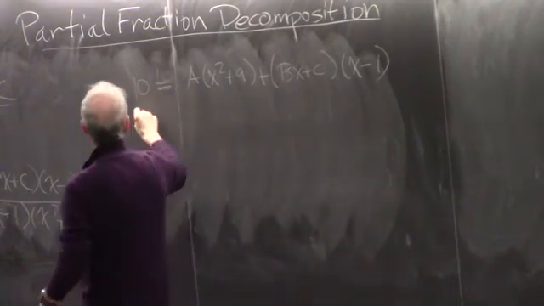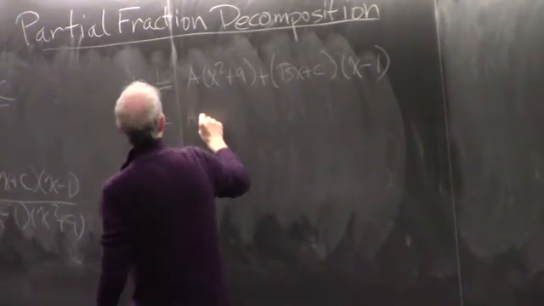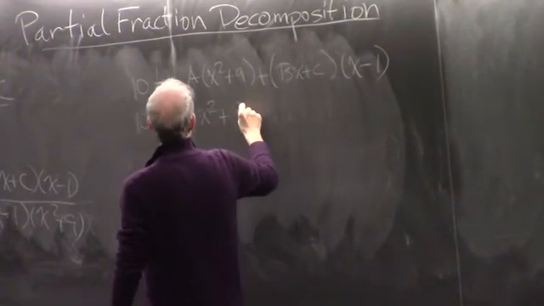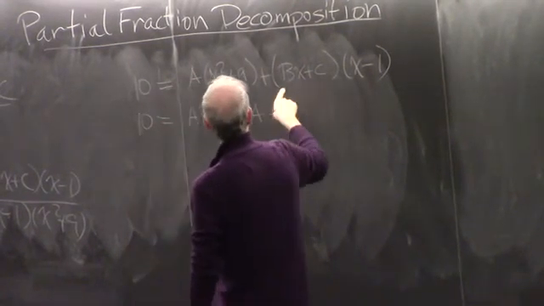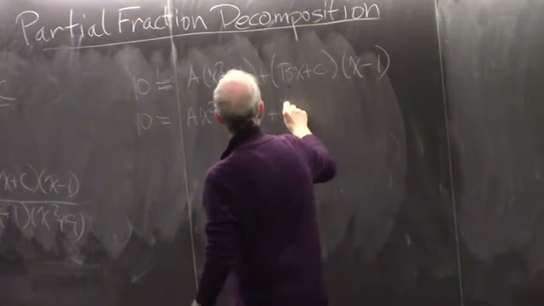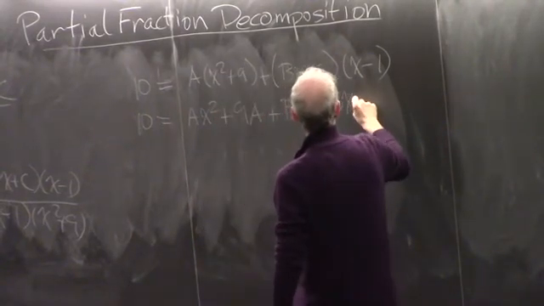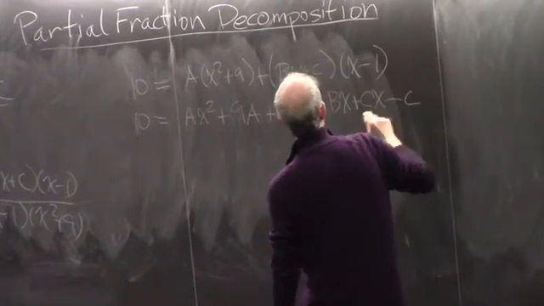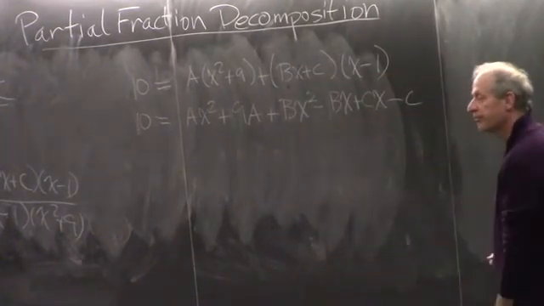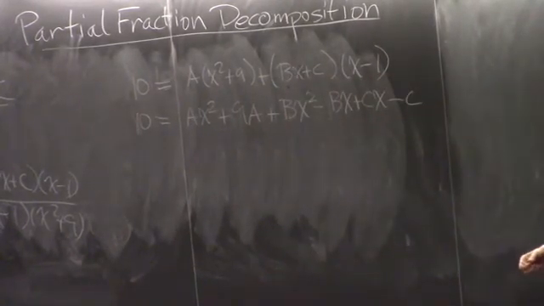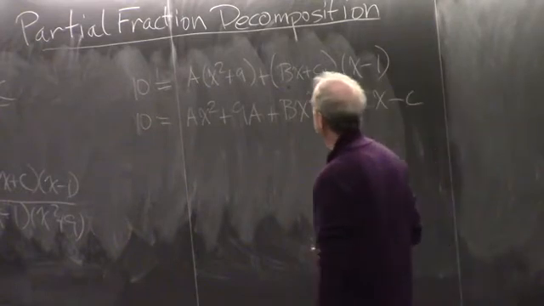So distribute. You get 10 equals ax squared plus 9a plus, got to FOIL, bx squared minus bx plus cx minus c. And then do some grouping.